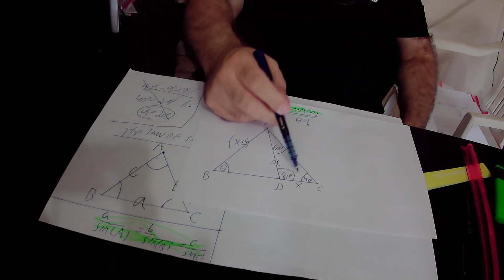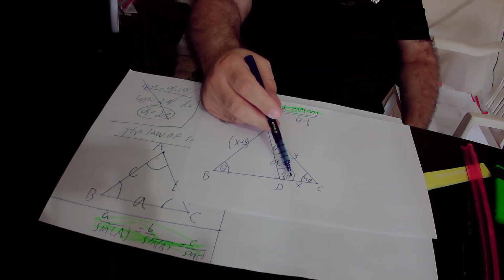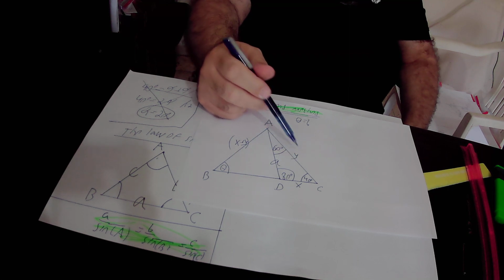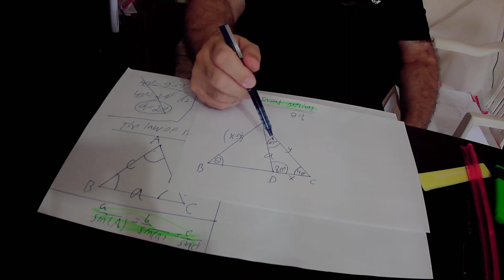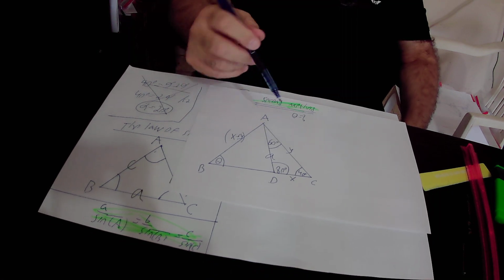Here, DC equals x, so we substitute DC by x. AC equals y, we substitute AC by y. And AD equals a, so we substitute AD by a.